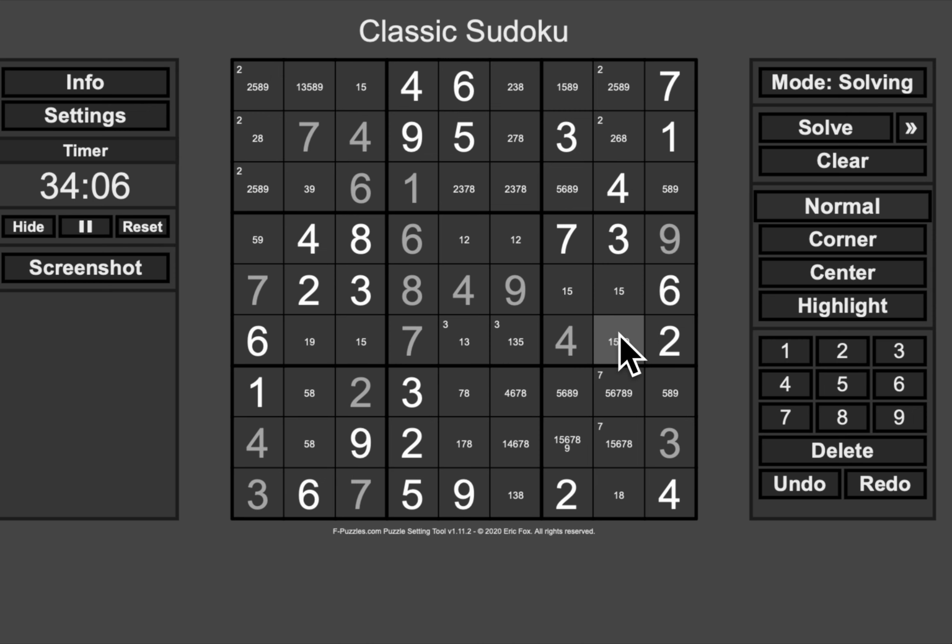This now can't be 1 or 5 or 9. That must be 8. So these are not 8. These are 8, so that's a 1. These are not 8.